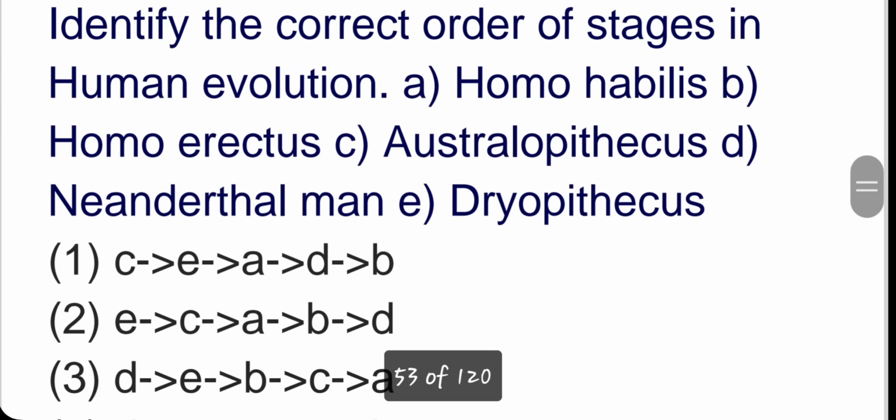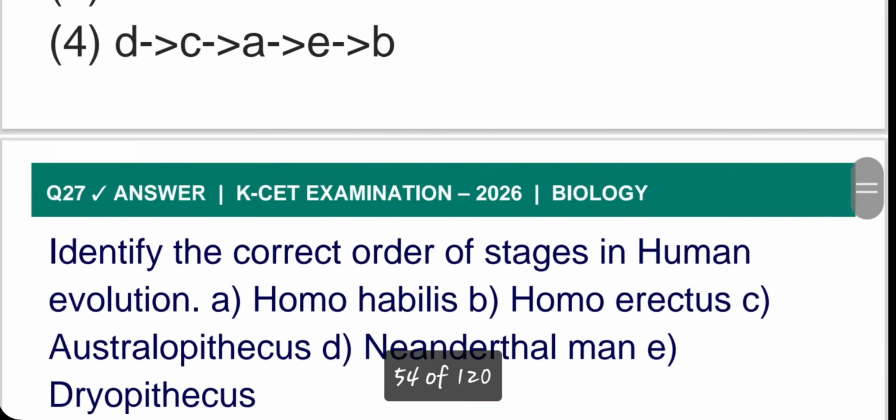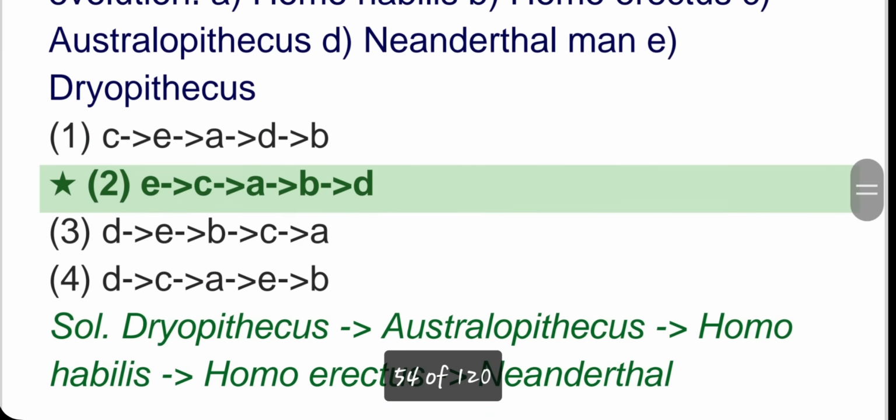Identify the correct order of stages in human evolution. I always tell my students to use the mnemonic DRAHENS.